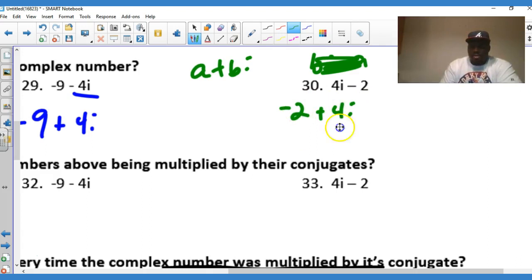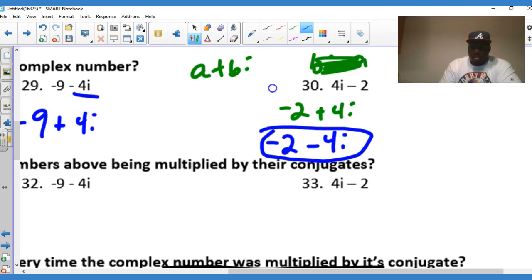Now take the conjugate. What has to change? That sign in front of the imaginary value. When I change that operation sign, it's negative 2 minus 4i. This, guys, is the conjugate of that, okay?